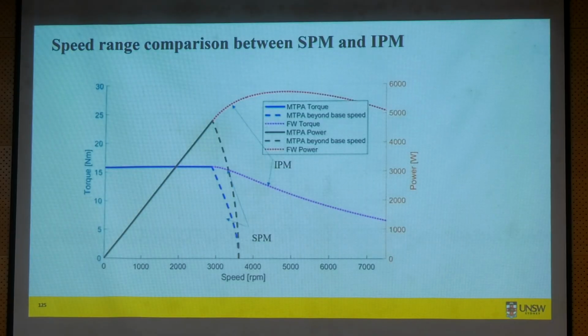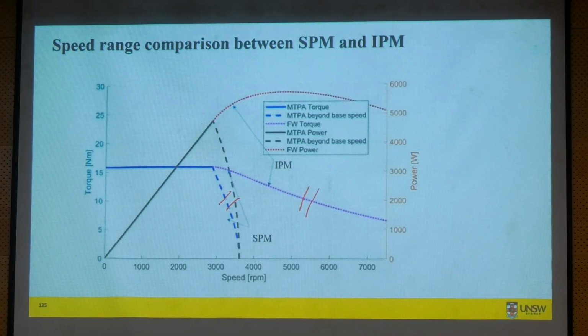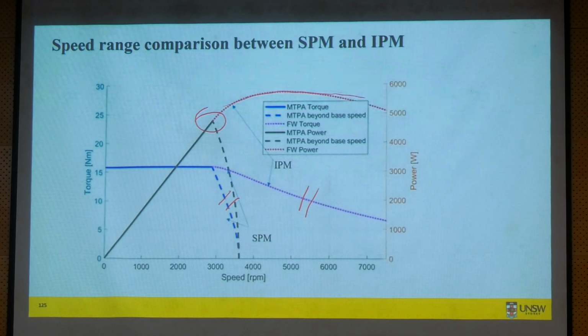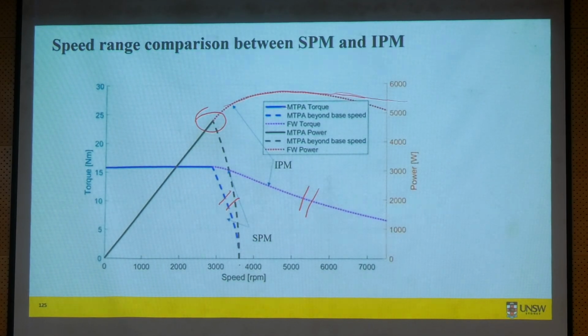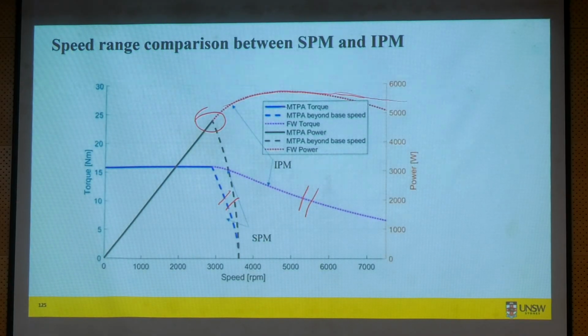So for IPM, you could have a quite nice flux weakening range, okay? Whereas in SPM, it's almost nothing, and there's no constant power. Whereas in IPM, you can get a near constant power, for this particular machine, from about 3,000 to about 7.5 thousand, okay? More than 2 times ratio.